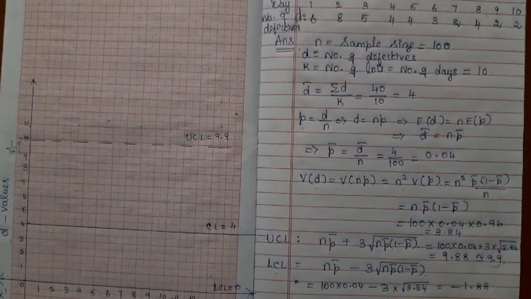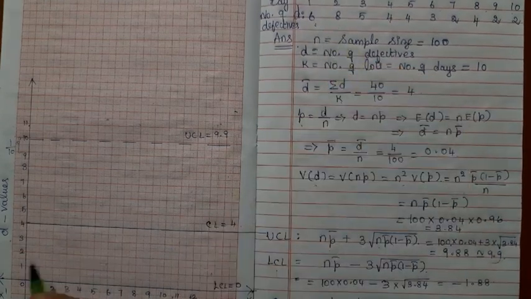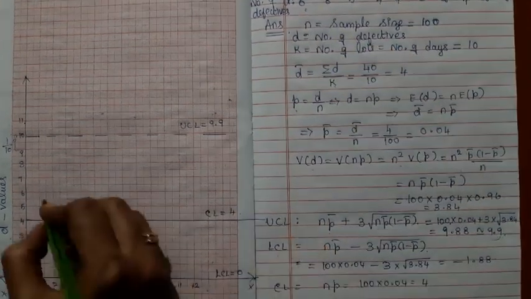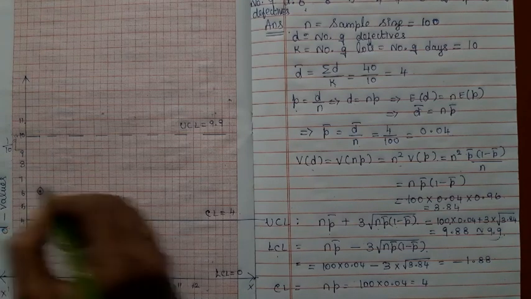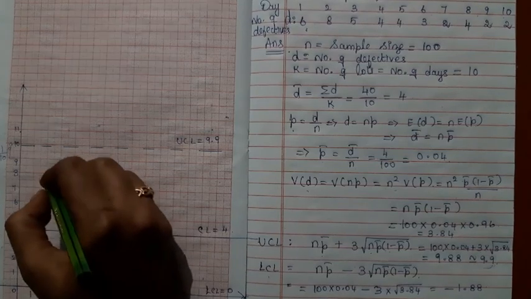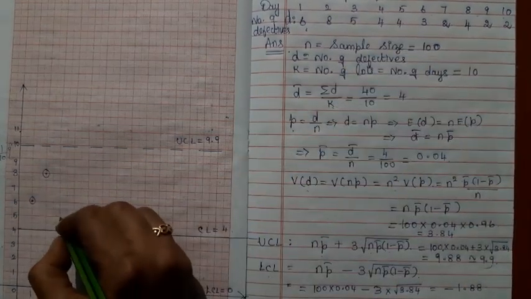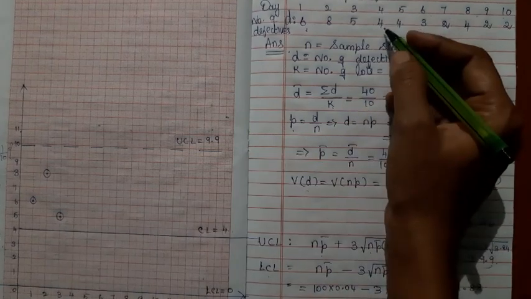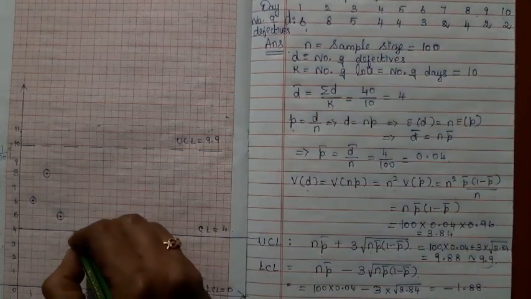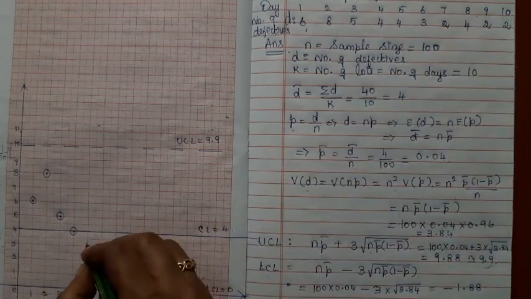For the first lot, the D value is, see, 6. For the second lot, it is 8. For the third one, it is 5. For the fourth one, it is 4. For the fifth one, it is 4.